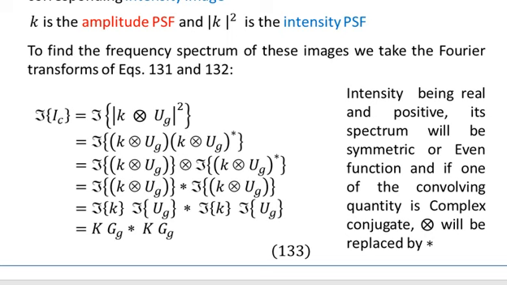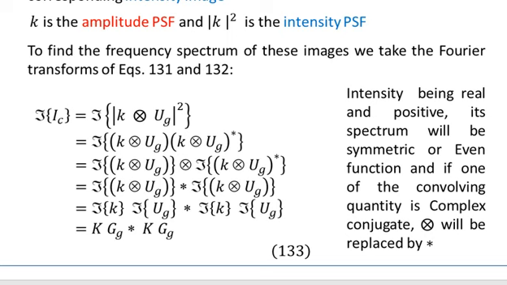The last step: the Fourier transform of small k is represented by capital K, the Fourier transform of the amplitude image U_G is represented by capital G with subscript small g, and the autocorrelation sign is there. Again, the Fourier transform of small k is capital K, and the Fourier transform of U_G is capital G subscript g. This is shown in equation number 133.